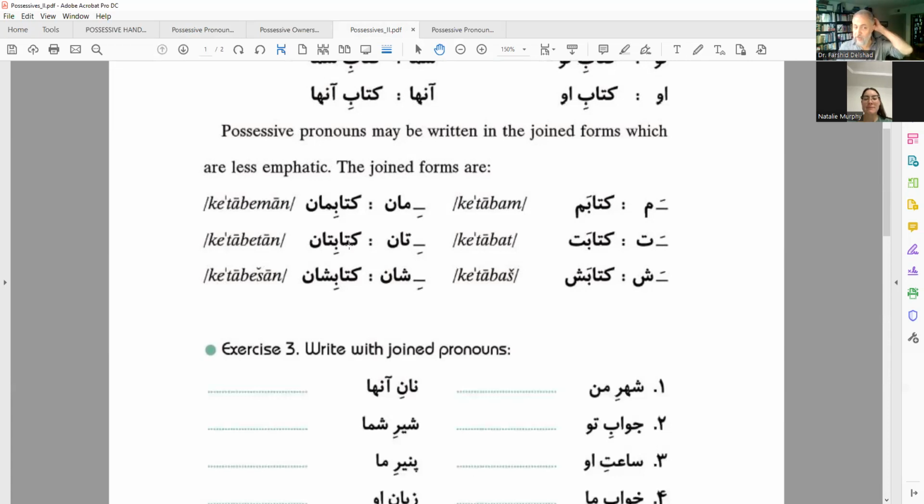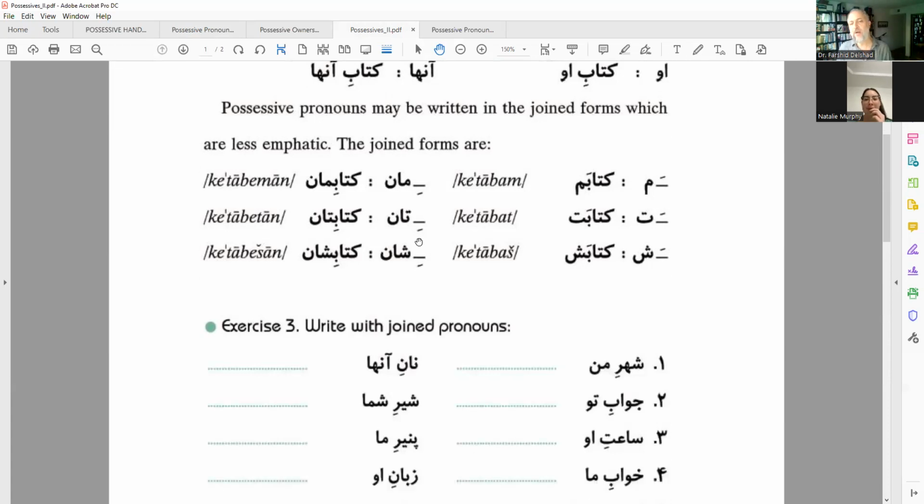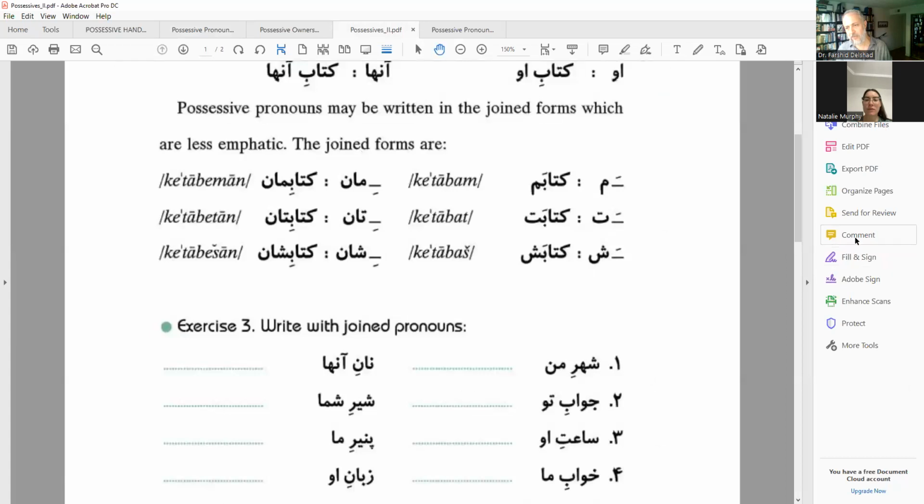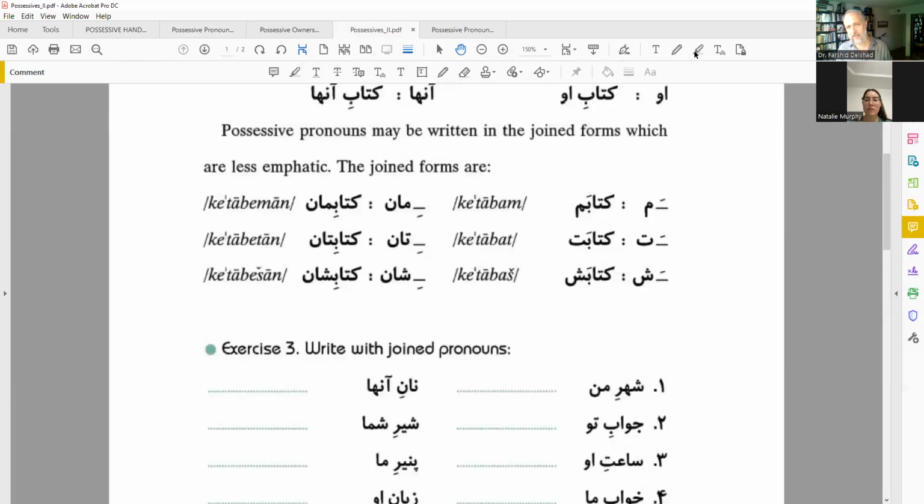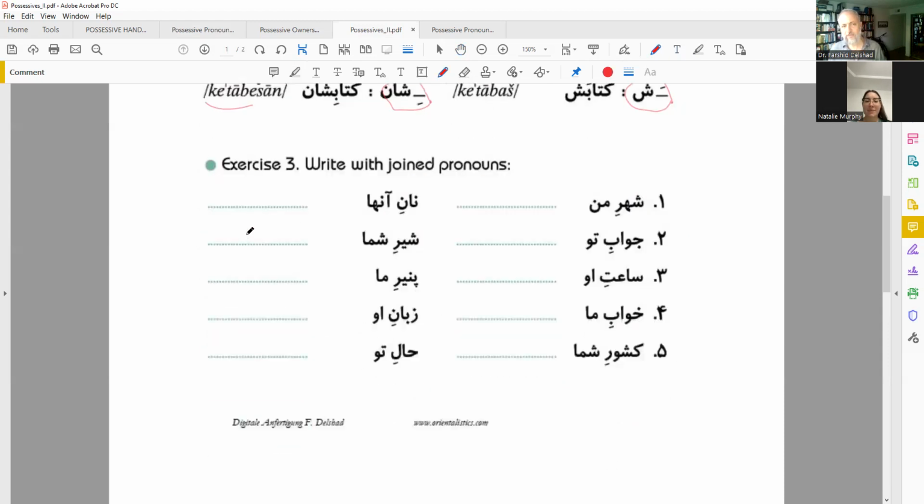And then it shows you that these joint forms are ketabam, ketabat, ketabash, ketabaman, ketabatan, and ketabashan, nicely transcribed here.